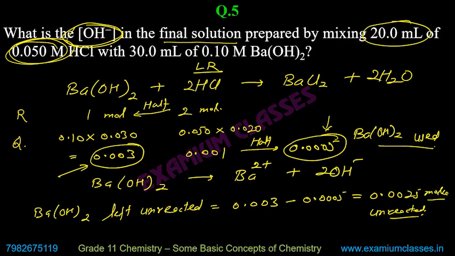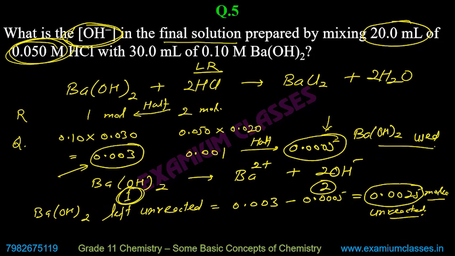If these many moles are unreacted, then calculate the ratio. Ratio is 1:2. 1 mole of Ba(OH)2 when ionized gives you 2 moles of hydroxyl ion. So these many moles of Ba(OH)2 when ionized will give you double the amount as OH ion.